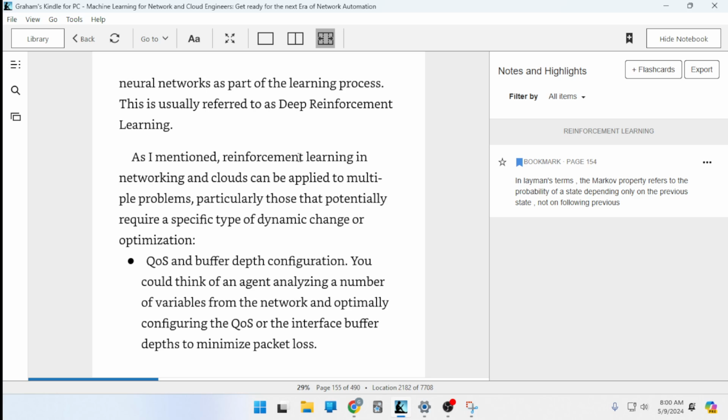As I mentioned, reinforcement learning in networking and clouds can be applied to multiple problems, particularly those that potentially require a specific type of dynamic change or optimization. QoS and buffer depth configuration: you could think of an agent analyzing a number of variables from the network and optimally configuring the QoS or the interface buffer depths to minimize packet loss.